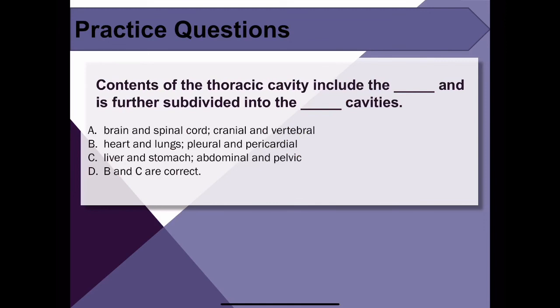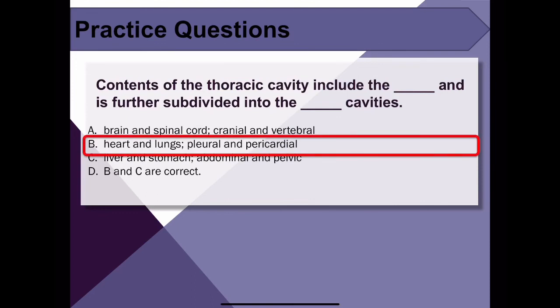Contents of the thoracic cavity include the blank: heart and lungs. Thoracic is the chest area, and it's further subdivided into your pleural or pericardial. This surrounds the lungs, this surrounds the heart. Liver and stomach is your abdominal cavity, and it doesn't subdivide into different cavities.